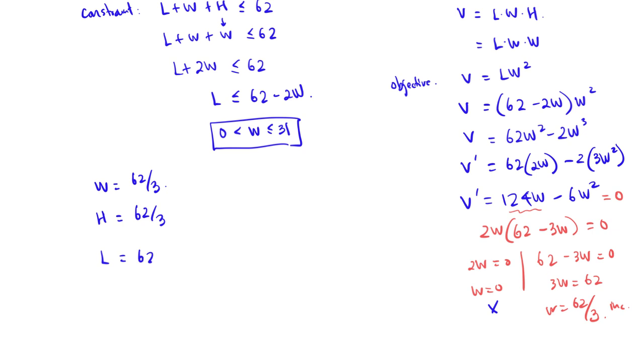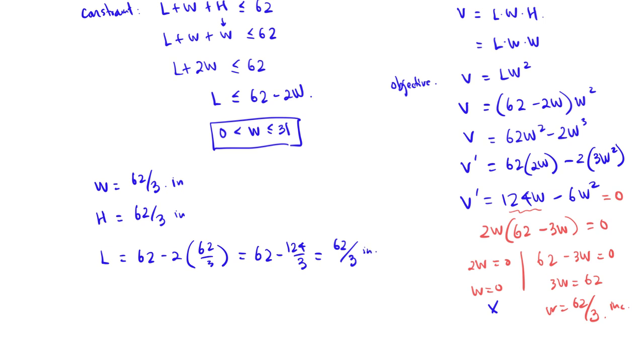The length is 62 minus 2 times W, but W is 62 over 3. This is 62 minus 124 over 3, which is 62 over 3. We conclude that to obtain the largest volume, given the configuration of the checked bag, we would need the width to be 62 over 3 inches, the height 62 over 3 inches, and the length 62 over 3 inches.